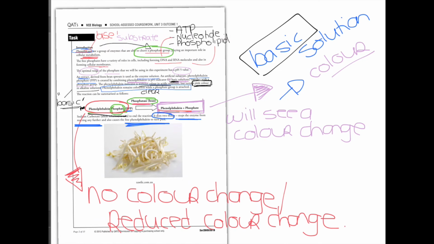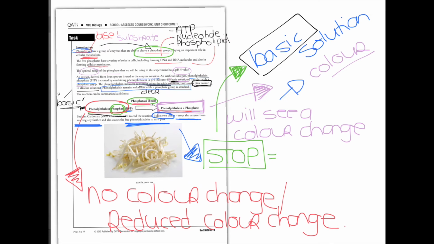So we stop the reaction by adding our basic solution. And then if there has been any reaction, we'll be able to measure it by the colour change.